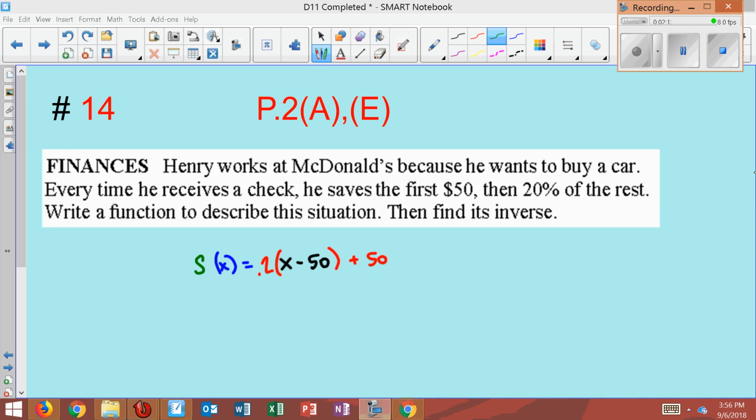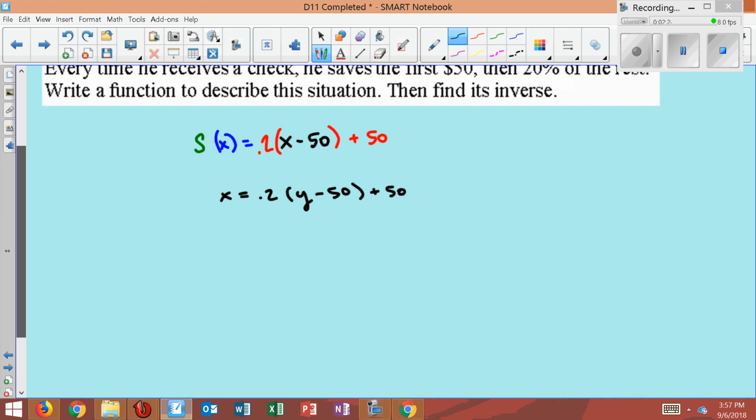Okay, so now the inverse, let's first solve it by switching x and y. So this is now x equals 0.2 times y minus 50, plus 50 over here. I'm going to solve for y. So the first thing I'm going to do is subtract 50 over. So I'd have x minus 50 equals 0.2, and I'll distribute this, 0.2y, and then that times 0.2 is minus 10.